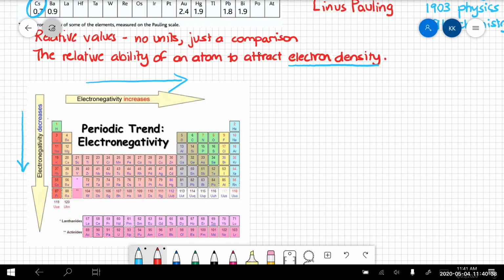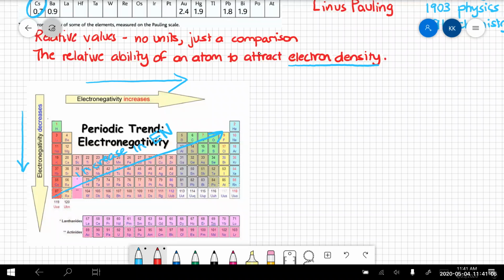Oh, sorry, electronegativity decreases down a group, not increases. So overall, from here to here, we have an increase in electronegativity. I'm going to call electronegativity EN because electronegativity is a long word to keep writing.